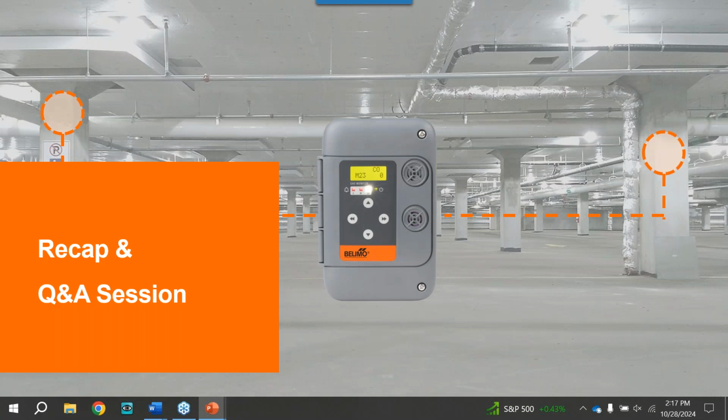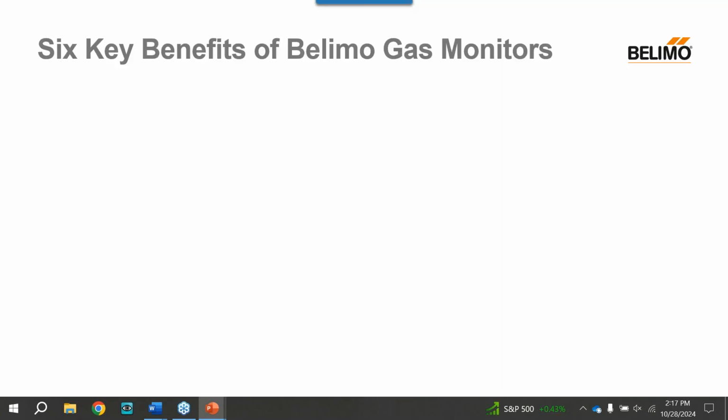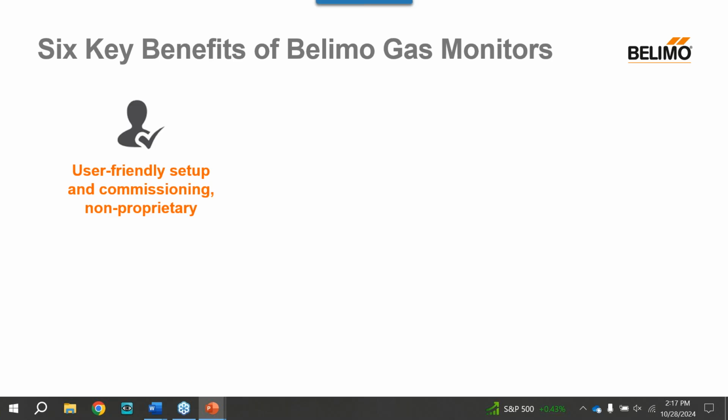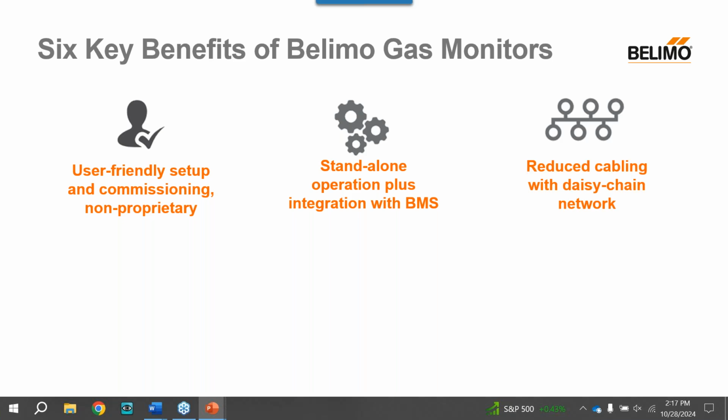All right, so lastly, let's do a quick recap and answer any questions you may have. So throughout this presentation, we wanted to show that Belimo's gas monitors are user-friendly and easy to set up and commission, that they can be integrated into a BMS or used as a standalone system, that they provide cost savings, the different models, the fact that they can monitor up to 2 different gases per device, the lack of needing a dedicated control panel, and the ability to daisy chain wiring.